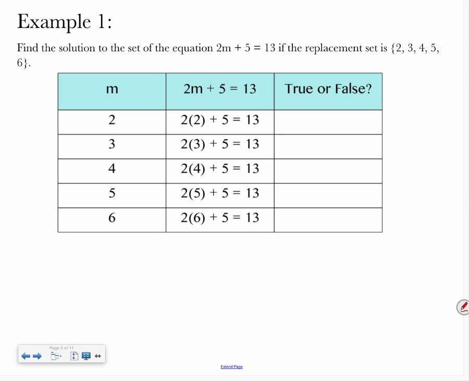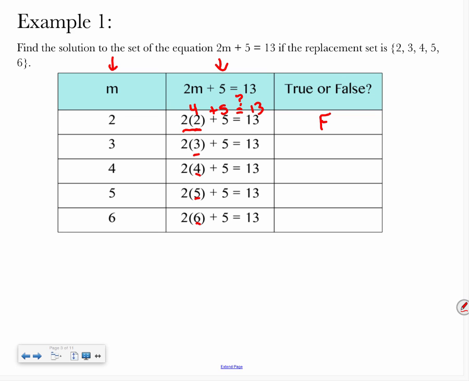I listed my replacement set and the equation, and plugged in those numbers. So it's 2 times 2, that's 4, plus 5, does that equal 13? No, 4 plus 5 only equals 9, so this is false.